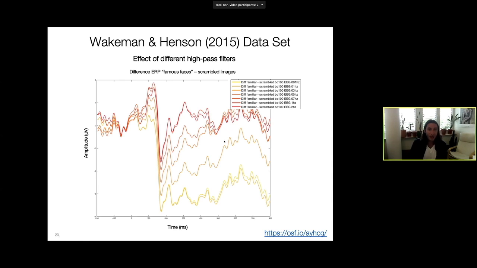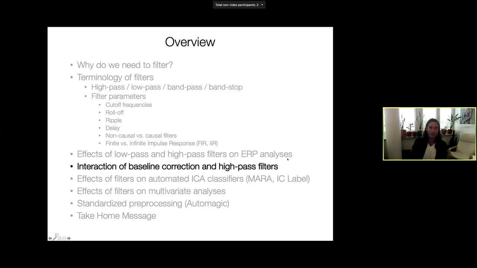If you use high-pass filters with a low cutoff, you see that the differences between the famous faces and scrambled images are actually the strongest at the N170, where you would expect it. But the problem is if you use too high high-pass filters, such as 2 Hertz, for example, seen in red, then you introduce differences between the famous face and the scrambled images here at the P100, which are actually not present, just induced by the high-pass filters.